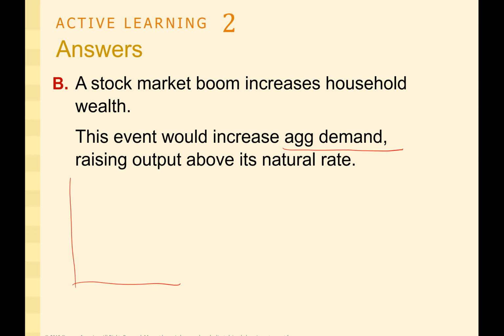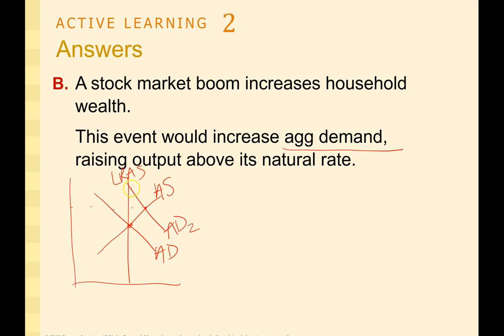So we could see that graphically. Here's equilibrium. And remember, this is short run aggregate supply and demand. Here's our long run aggregate supply. So in the short run, if they increase aggregate demand with this wealth effect from the stock market boom, that's going to do a few things.